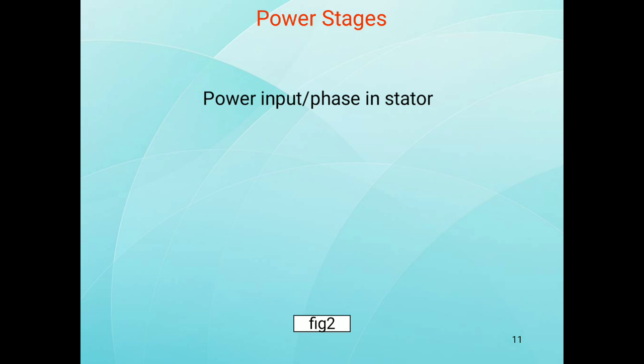Power input per phase in the stator, this is for single phase, but for three phase it is different, 3 V_L I_L cos phi. But here per phase, power is equal to V Ia cos phi.